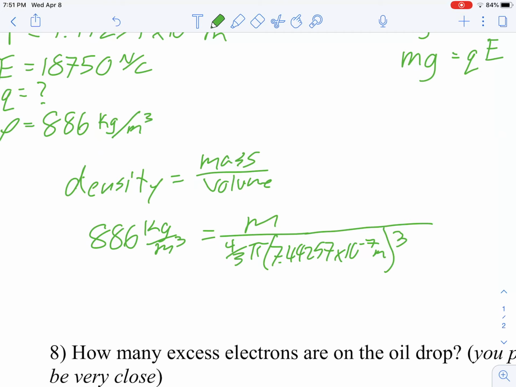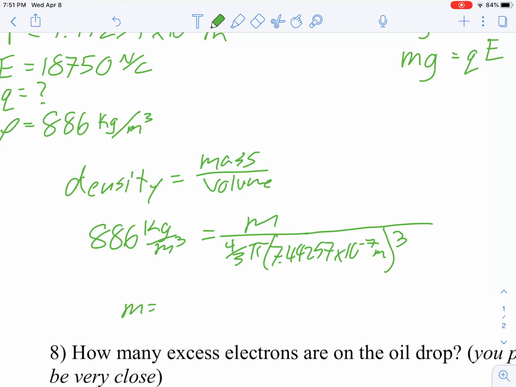All right, looks like a lot. It looks really burdensome, but all you have to do here is cross multiply. So basically, all you have to do is 886 times 4/3 times pi times, and then I would put this in parentheses, 7.44257 times 10 to the negative 7 cubed.